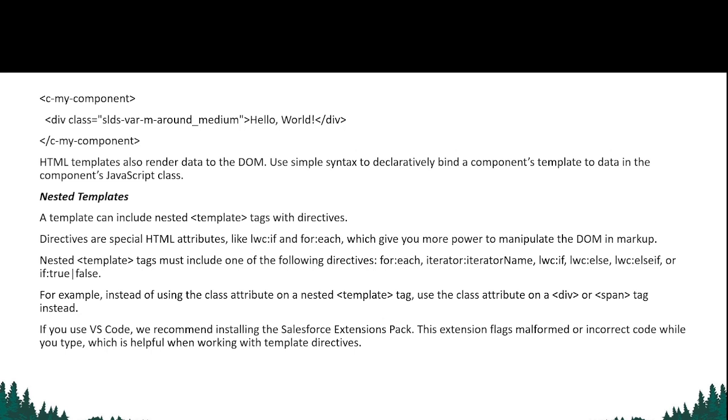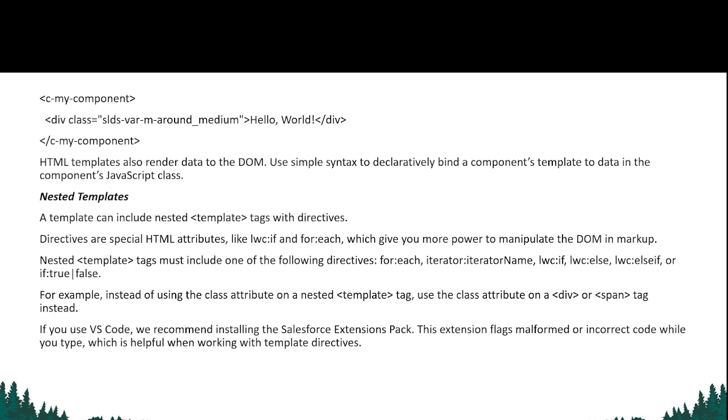I am simply writing hello world, and then I am closing my component. So the HTML template will also render data to the DOM. You have a simple syntax to bind a component's template to data in the component's JavaScript class.